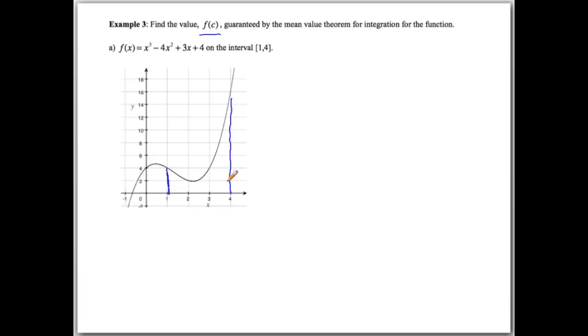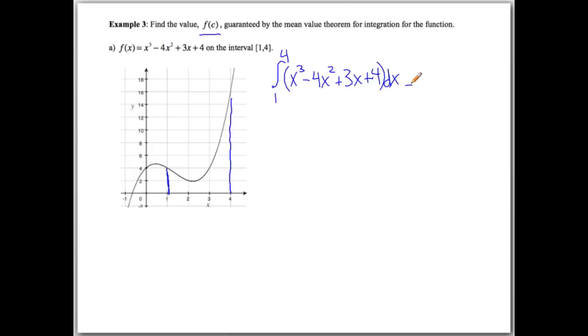Okay, so we're going to be looking for a c somewhere in here that's going to give us the mean value theorem. So what we want to do is find our definite integral, and that's going to be from 1 to 4 of x cubed minus 4x squared plus 3x plus 4, and this is going to be dx.